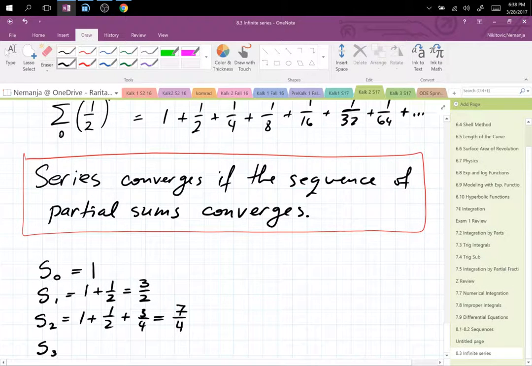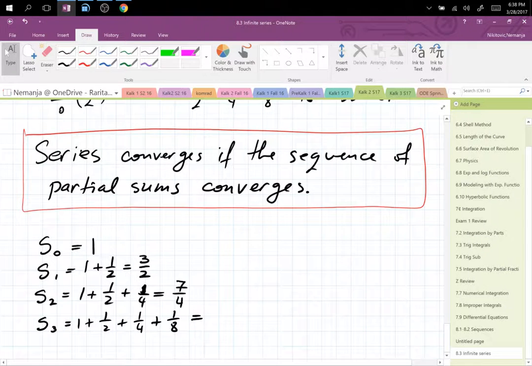Then S3 is equal to 1 plus 1/2 plus 1/4 plus 1/8. That's going to be a denominator of 8, so I have 8 plus 4 is 12 plus 2 is 14, plus 1 is 15. So 15/8.